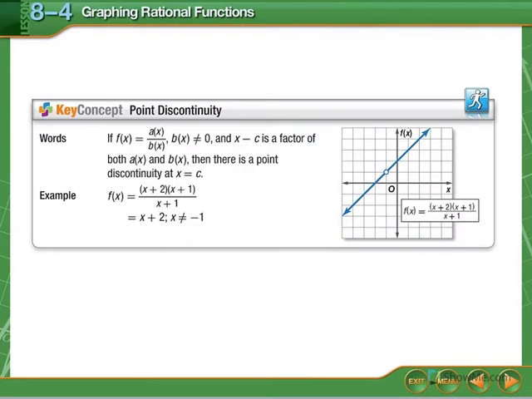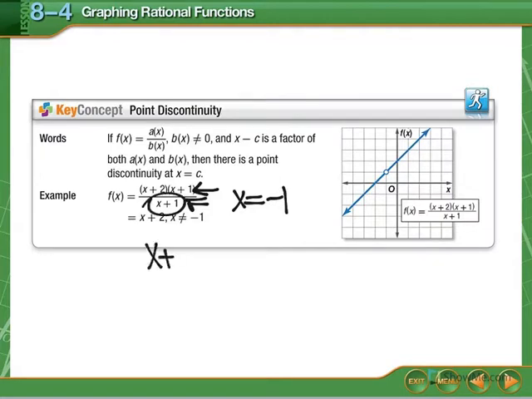The last key concept we're going to talk about is a point discontinuity, meaning it makes your graph not continuous. You essentially have a hole in your graph. And what happens is when you take these factors and you cancel them out, you still can't have your x equaling negative 1 here, because it would make your denominator 0.